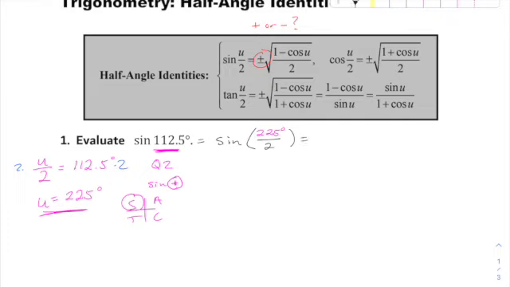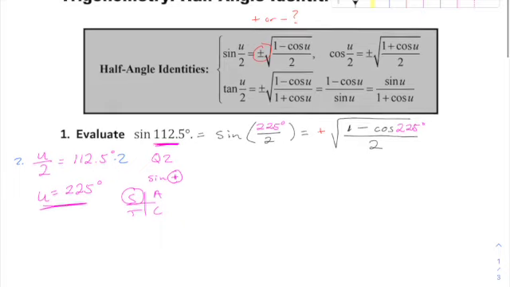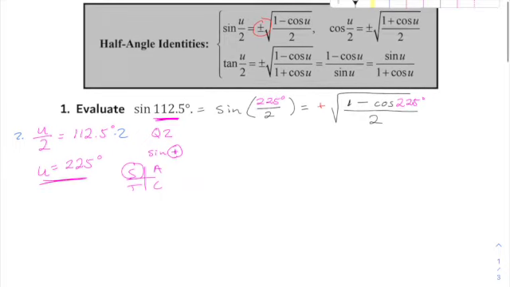So we're going to pick positive, not that you have to write that, I'm just writing it for emphasis here, positive square root of 1 minus the cosine of that u, and that u is 225, right? So I'm just plugging in that u value, right? 112.5 is half of 225, so that's what I'm using to get the job done.